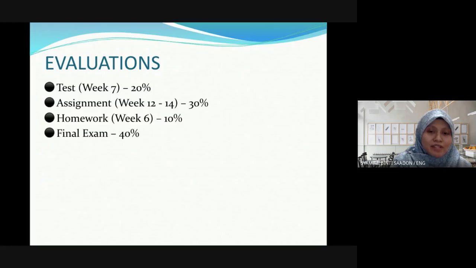Then we have only one assignment, maybe given in week 12, week 13, or the last week, I'm not sure yet, towards the end. That accounts for 30%. I will add just one individual homework, 10%, and the final exam is 40%.